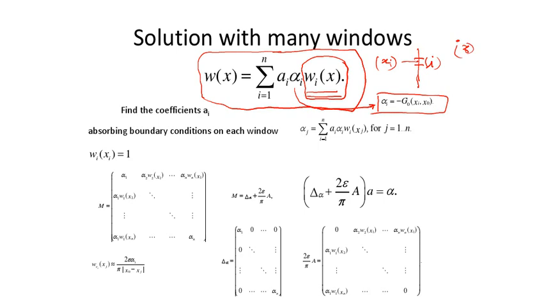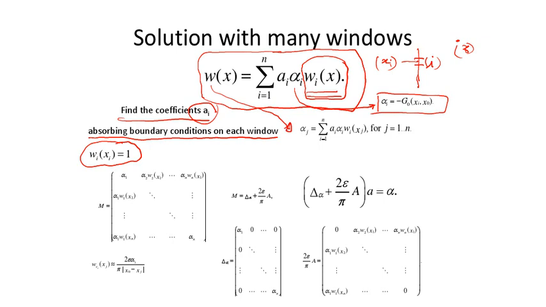So how do you find the solution? Now we would like to find what are the coefficients Ai, and for this we are going to use the absorbing boundary condition on each hole, for which by definition Wi of xi equals 1. So then since W is the solution, it is exactly alpha i.